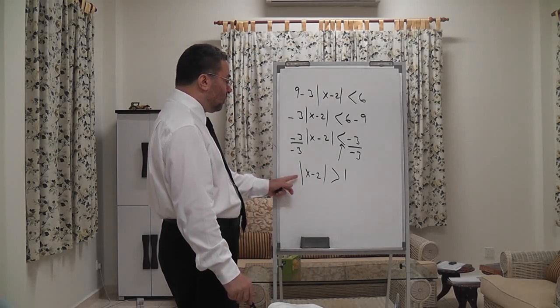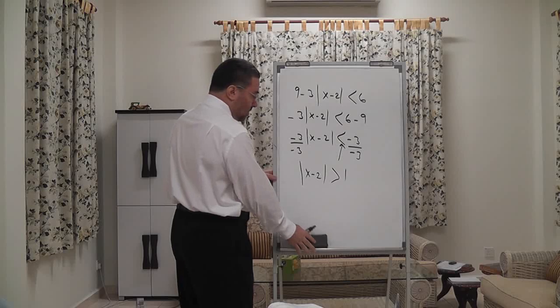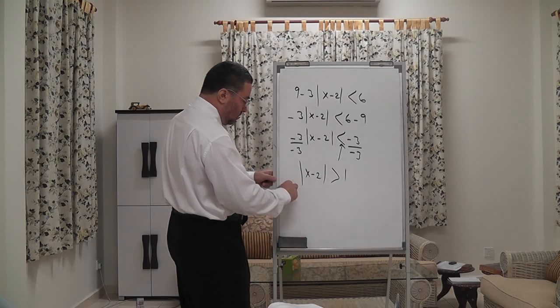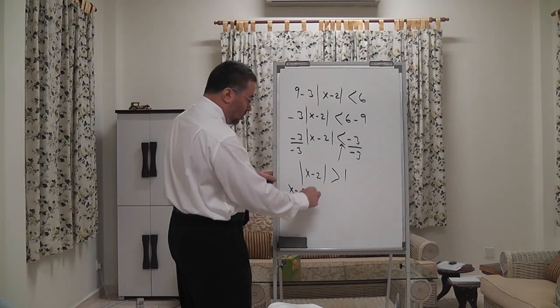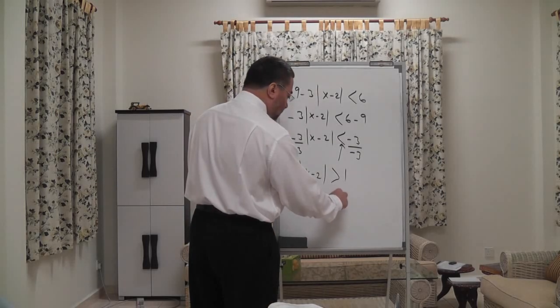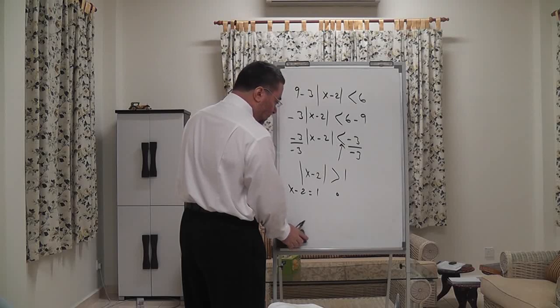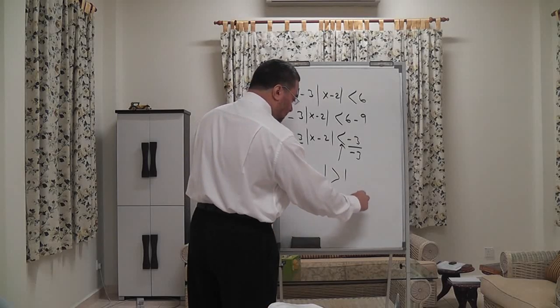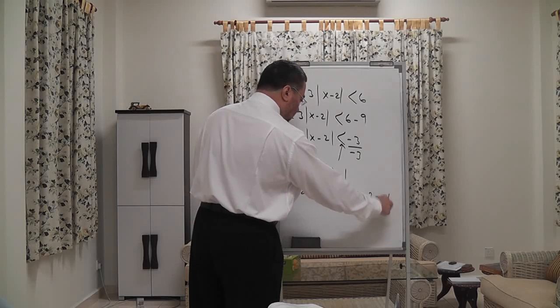Now we are going to solve this and get the roots. In the first instance, this would be x minus 2 equals 1, or x minus 2 equals minus 1.